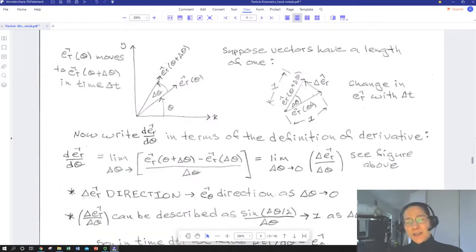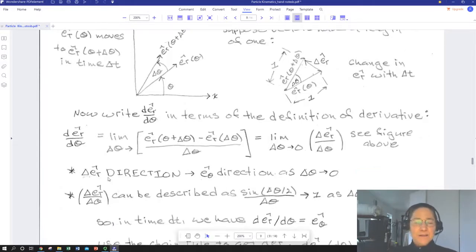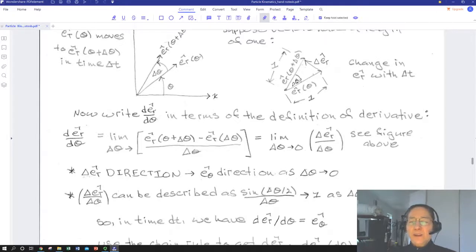Okay, so we can explain everything going on with this geometry that's describing our motion as a derivative change in er hat with respect to theta. So delta er direction is effectively the e theta hat direction as delta theta goes to 0. So if you look at this delta er, we're going to go back and do a little scribbling.